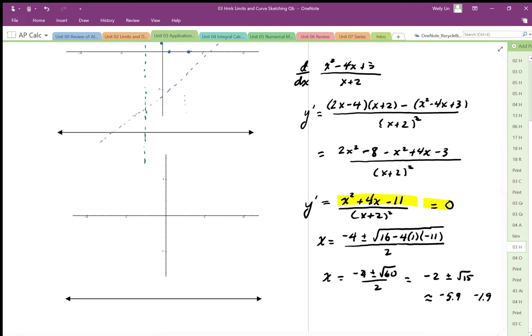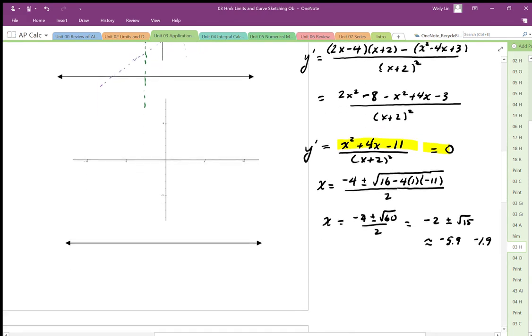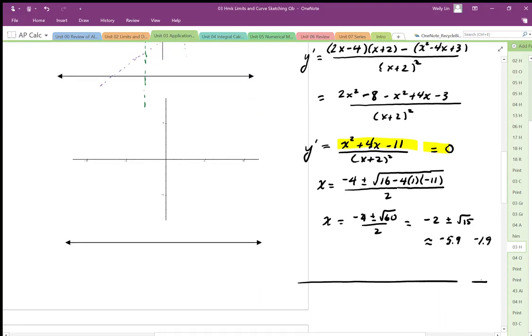Okay, so then we have established our zeros for our derivative. So I'm going to do a slope chart here. So I have my -2, -2 plus root 15 on this side.